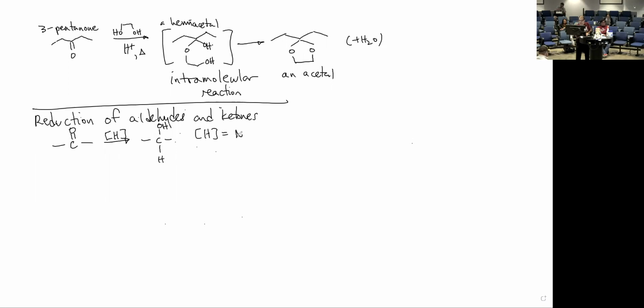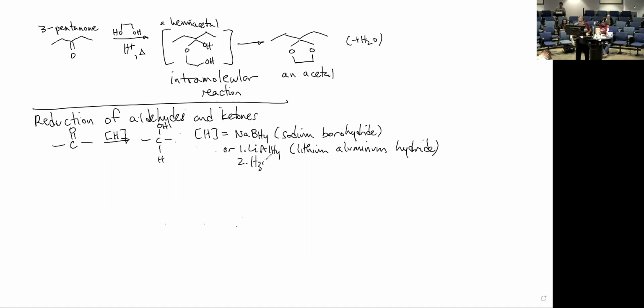And we have 2 different reducing agents that you'll need to know about. One of them is sodium borohydride, NaBH4. And the other one is lithium aluminum hydride, which is done in a stepwise fashion. So the first step is lithium aluminum hydride. The second step is dilute aqueous acid.